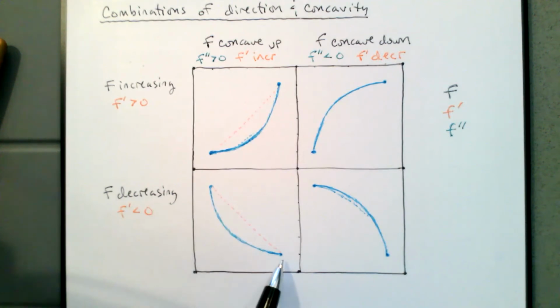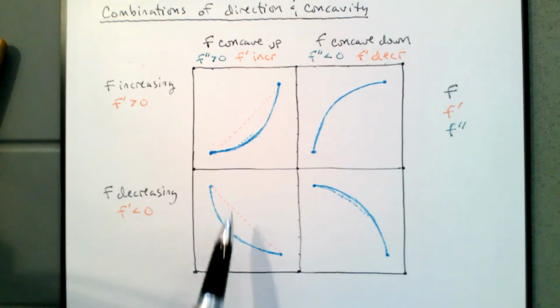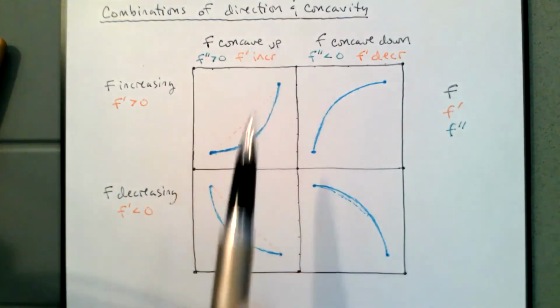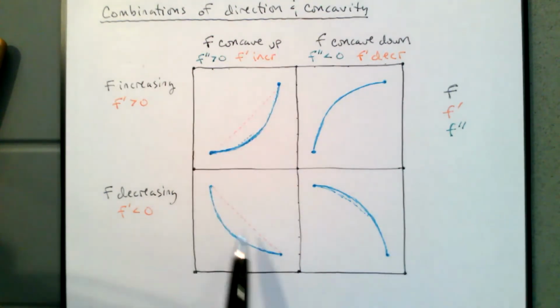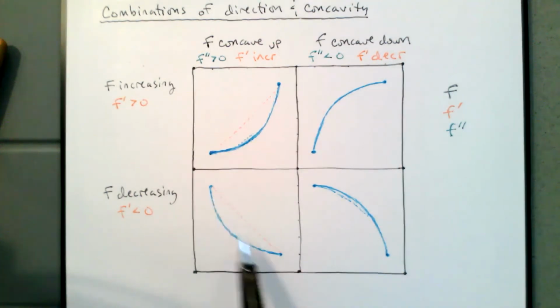And F prime is negative, and F is decreasing. That means the same thing. F is concave up. See how F is decreasing because the values are getting lower, and F is concave up because of the bend. So the bend is facing up. We could put stuff into this bowl.